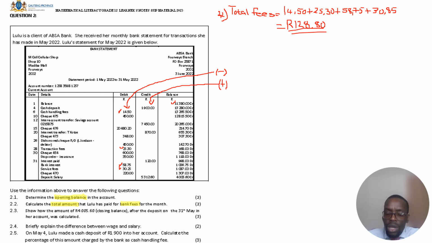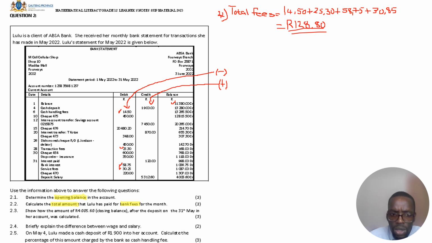For example, if you go and deposit money in the banking hall, there is what is called a cash handling fee that is charged by the bank, because they are going to accept a bulk deposit from you, and they charge you for walking into the banking hall. It's a banking fee, because they are charging you for a service that they have rendered to you.